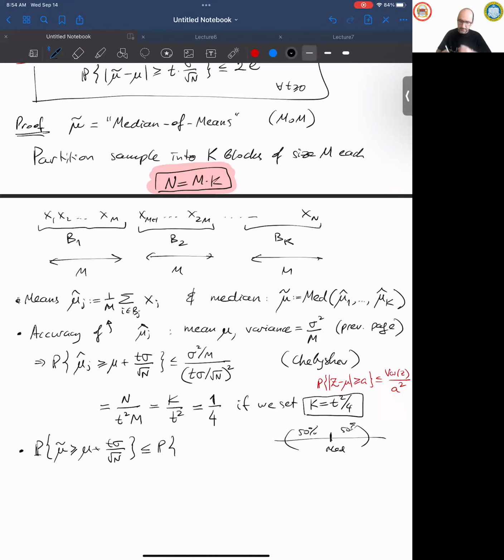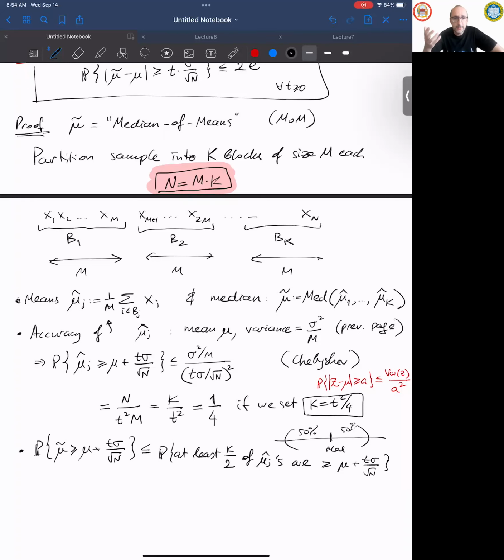And if the median is too large, then at least half of the estimators are too large, larger than mu plus t sigma.